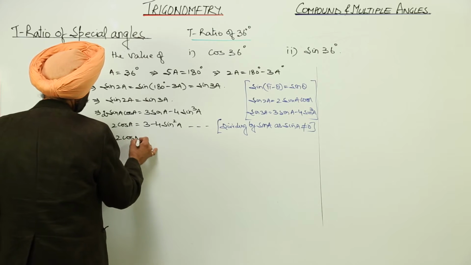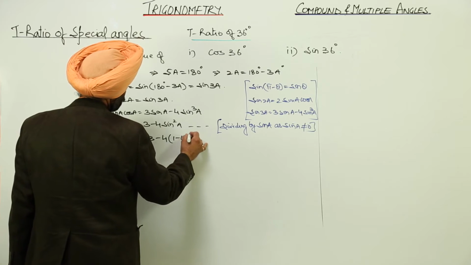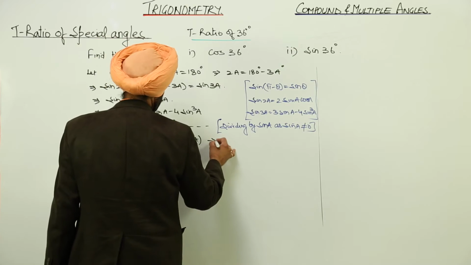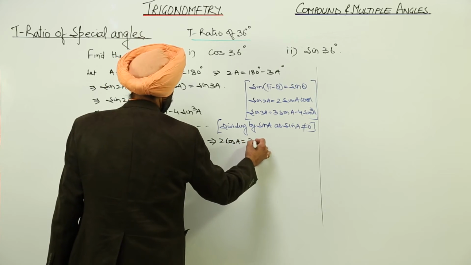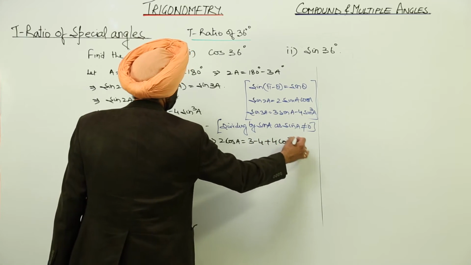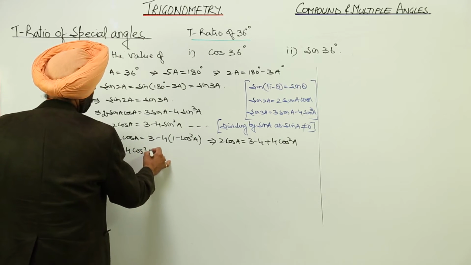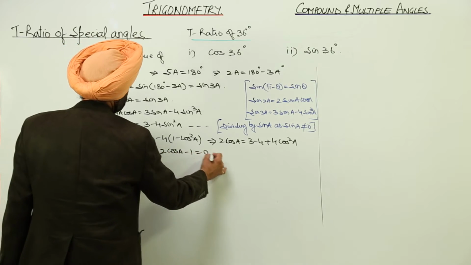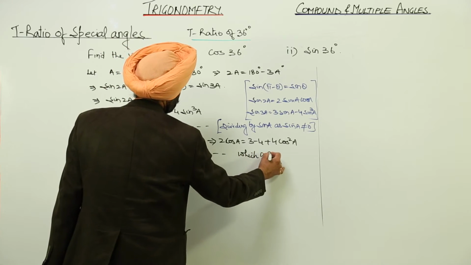twice of cos A is equal to 3 minus 4 times (1 minus cos square A). Now this is twice of cos A is equal to 3 minus 4 plus 4 cos square A. So 4 cos square A minus 2 cos A minus 1 is equal to 0, which is quadratic.